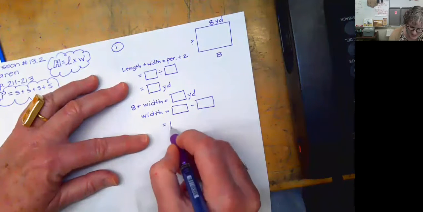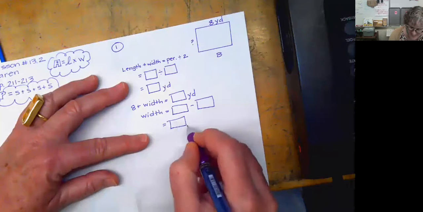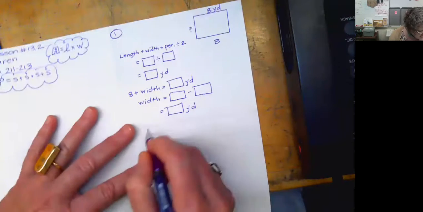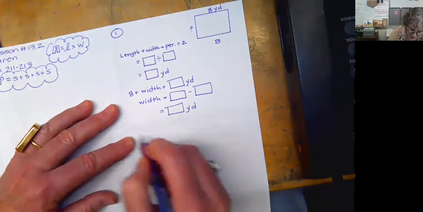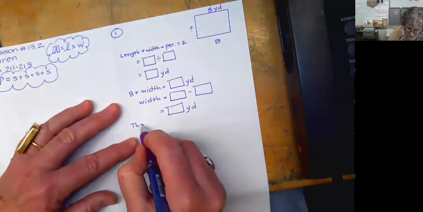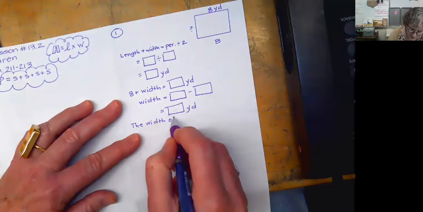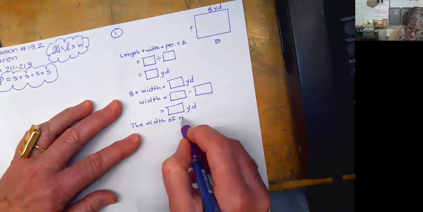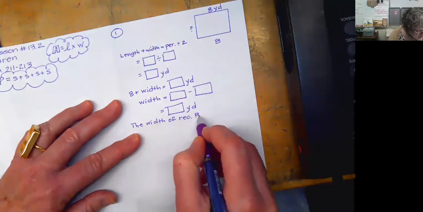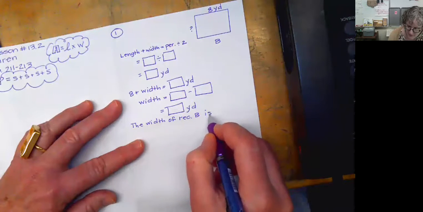And that equals green box yards. And then there's a sentence that says the width of rectangle B is green box yards.